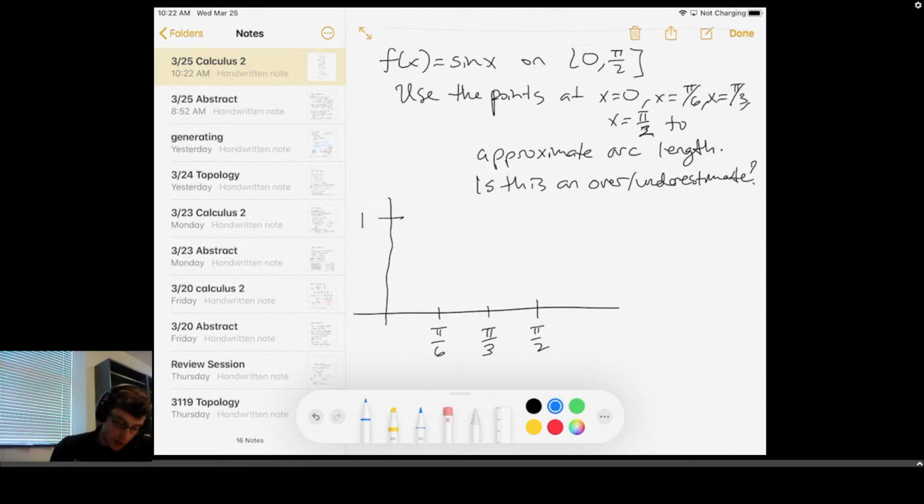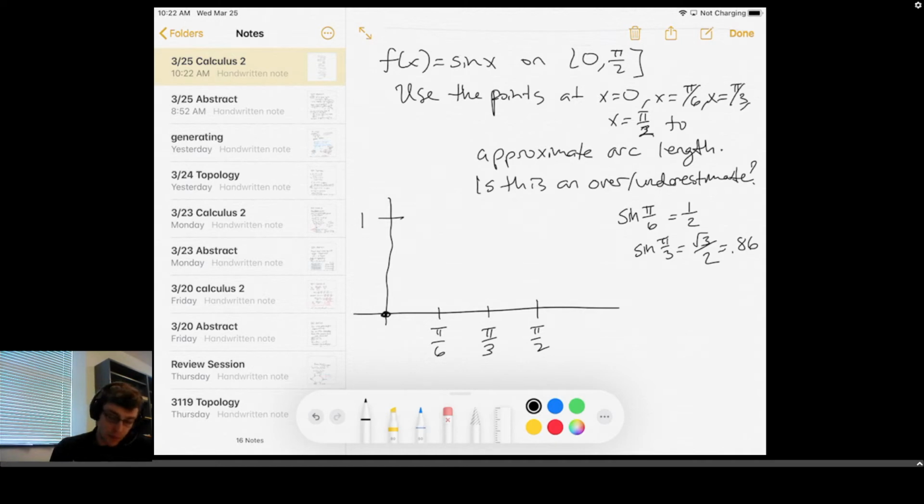Now sine starts at 0, 0. We need to figure out what our points are. So sine of pi over 6, our shorter opposite side, is 1/2. And sine of pi over 3 is root 3 over 2, which is roughly 0.86 or so.